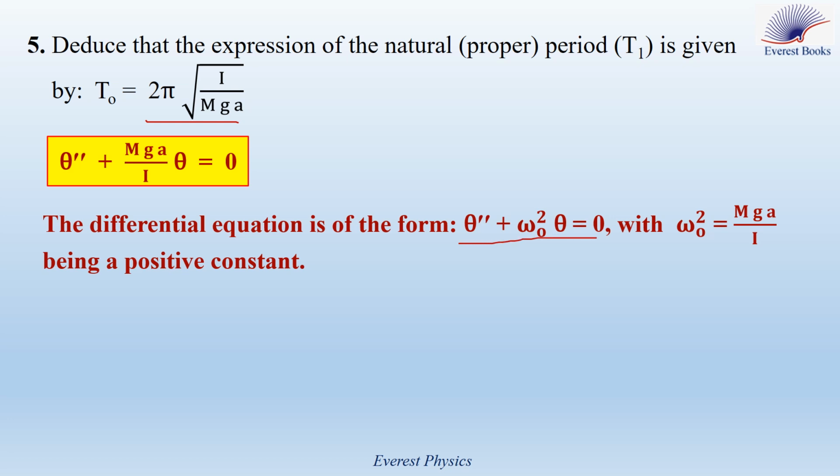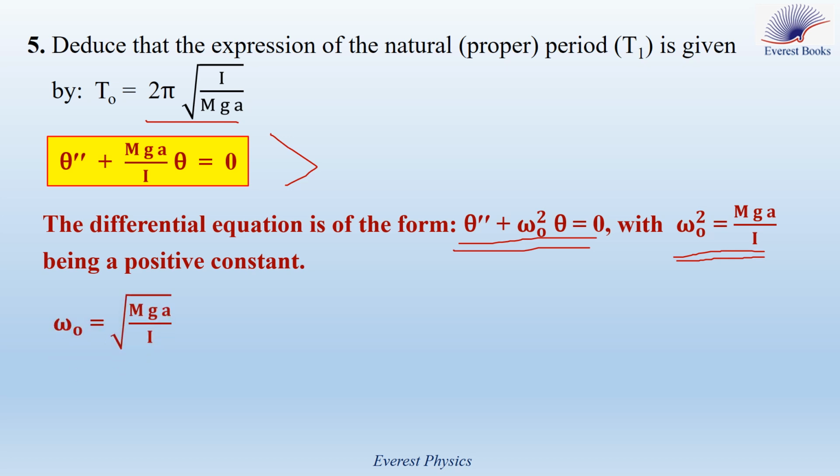Now compare these two equations, the differential equation and its form. By comparison, you will find that omega 0 squared is equal to MGA over I. Take the square root of both sides of this equation.